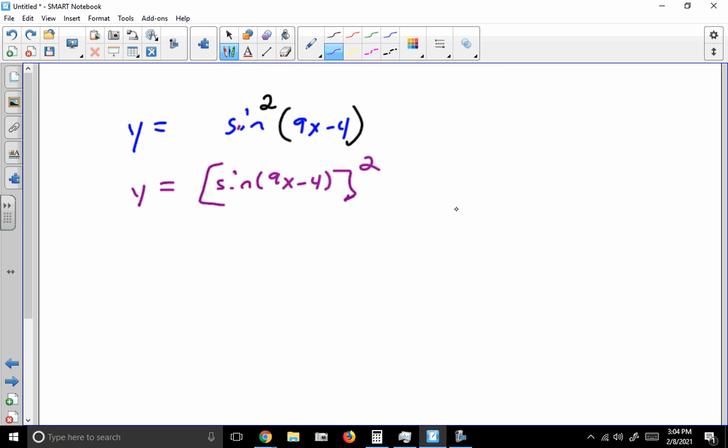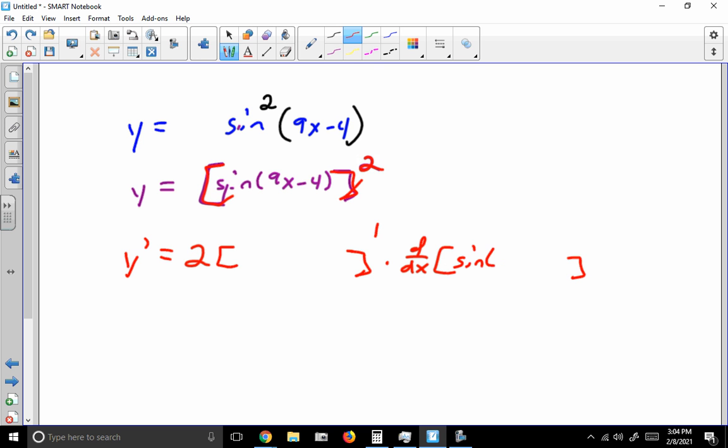So when we take the derivative of that outside layer, it involves a power. So to take that derivative, we bring the 2 down, and we do that to the 1 less power. Then we have to multiply times the derivative of what was on the inside. The inside is sine of 9x minus 4. Well, what goes here? So we brought our 2 down to the 1 less power. Remember, the input of that stays inside.